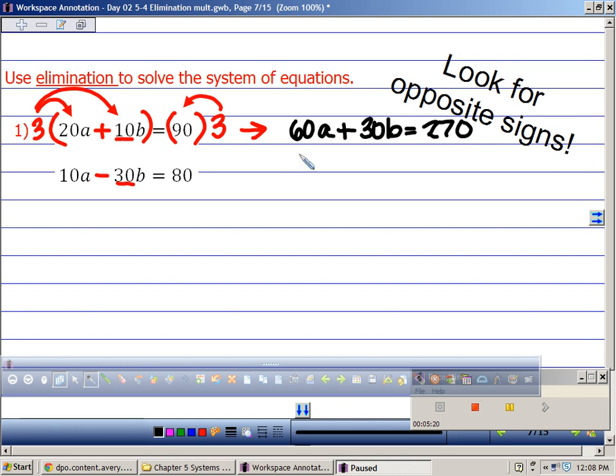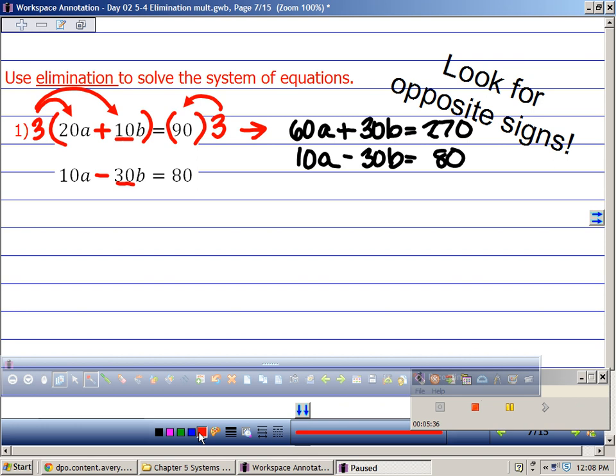And for the second equation, I'm just going to copy it down. 10A minus 30B equals 80. Now we have opposite coefficients.